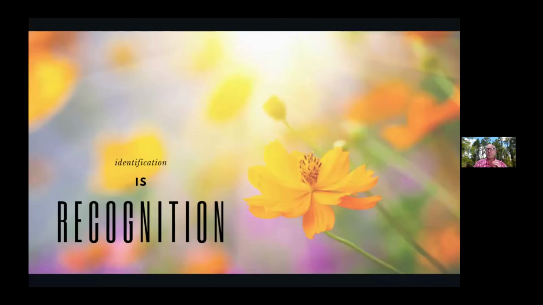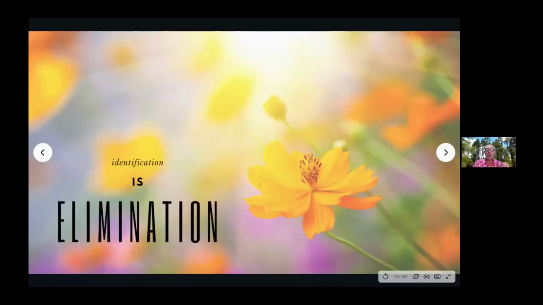Recognizing what puts a particular plant in a particular group is a big step towards proper identification. Because at the end of the day, properly identifying one thing in your hand as an unknown is eliminating all the things that it isn't.